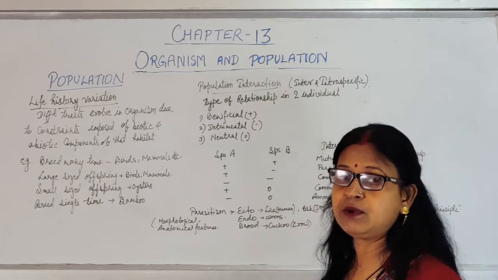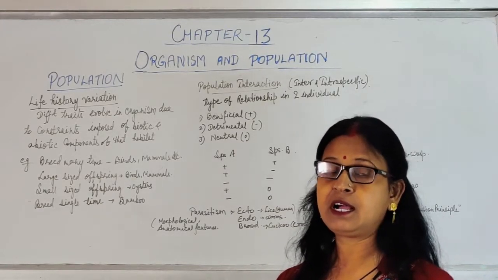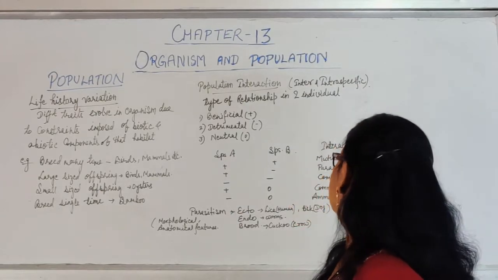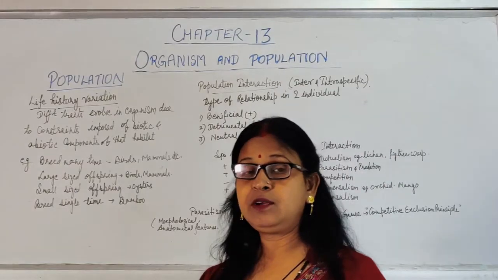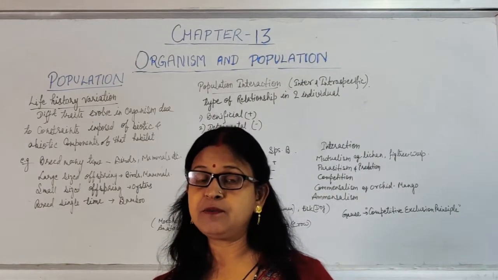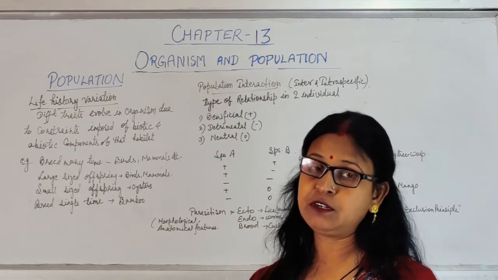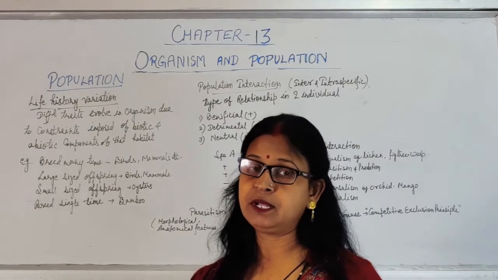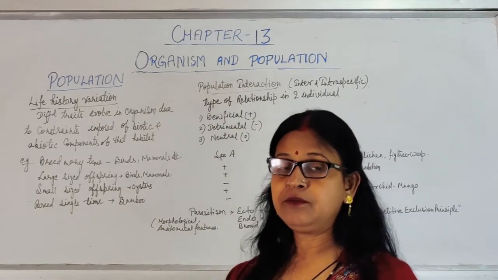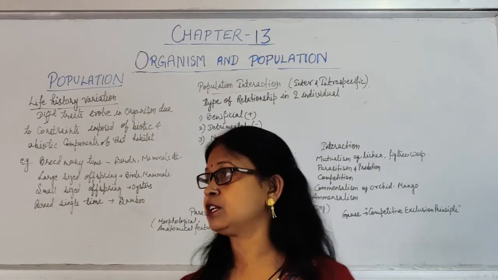Another example is mycorrhiza, which exists between the fungi and the roots of higher plants. Then the fig tree and wasp: the fig tree requires this wasp, a type of insect, for pollination, and in turn the wasp gets food from the plant. Without the wasp, the fig tree will not undergo pollination.